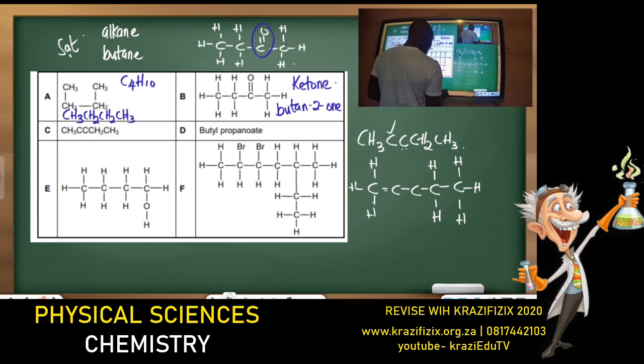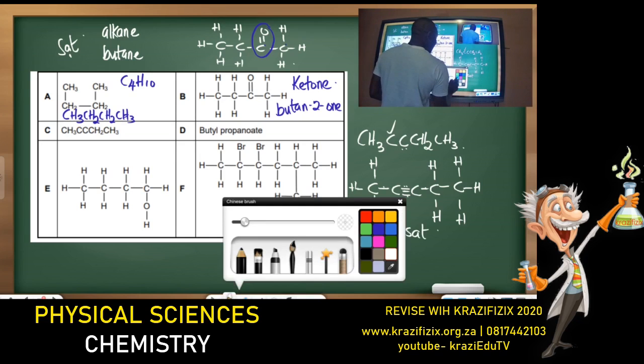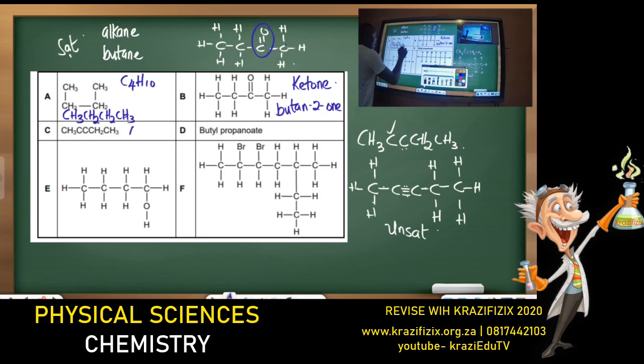This is fine. That looks like a double bond. Now 1, 2. There's something missing here. If I do that, how many do I have around this? 3. I need 1 more, which makes it 4. 1, 2, 3, 4. This is sorted. Let's go check this. 1, 2, 3. Now it's fine. So this is unsaturated, and not just unsaturated, it is actually an alkyne.